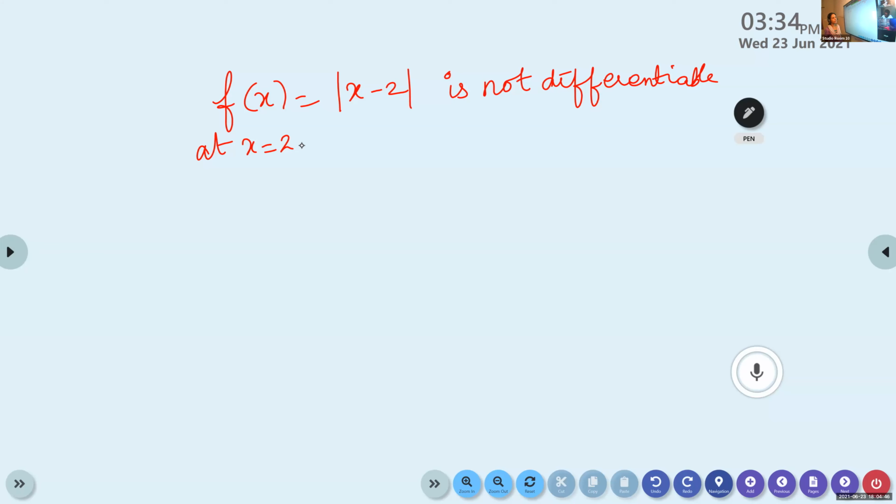So we have to prove it is not differentiable. That means what you have to prove? Left hand derivative at 2 is not equal to right hand derivative at 2, isn't it? We have to prove left hand derivative is not equal to right hand derivative. So what is the formula? Krishna Chandran, give the formula for left hand derivative. What is the formula we have learned for left hand derivative?